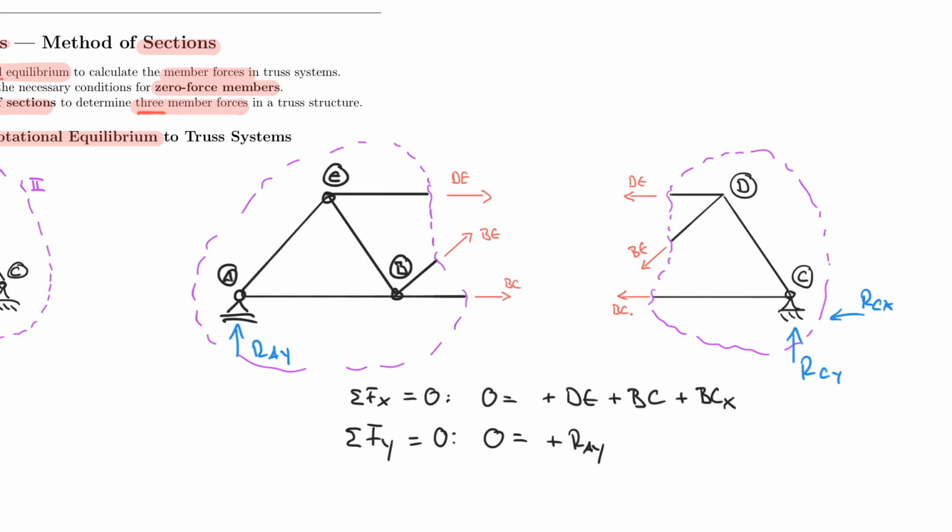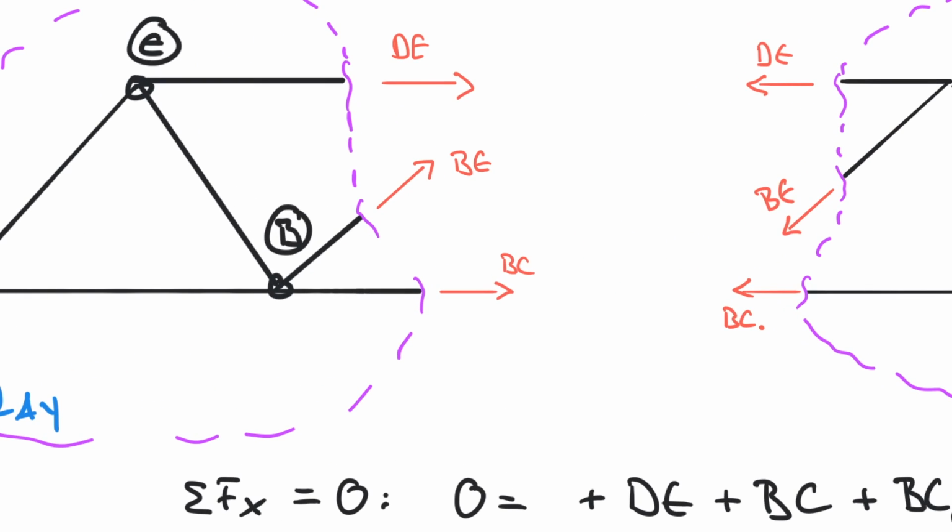And the only other thing that has a vertical component is BE, so we would say plus BEY. Let me clarify that real quick. BE has, of course, a horizontal component and a vertical component.